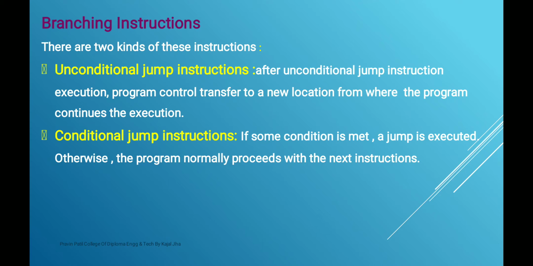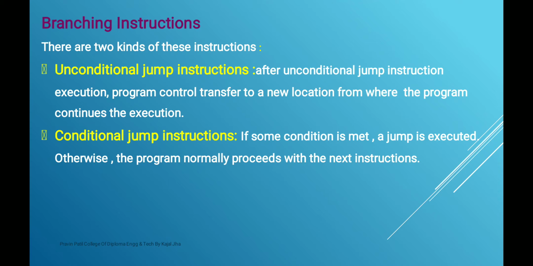In a conditional jump instruction, a jump is executed if the condition is met, otherwise the program normally proceeds with the next instruction. This is called the jump or branching instruction, and then the machine control instruction.